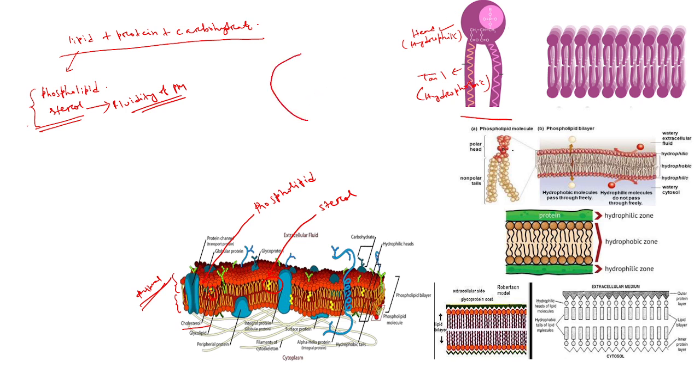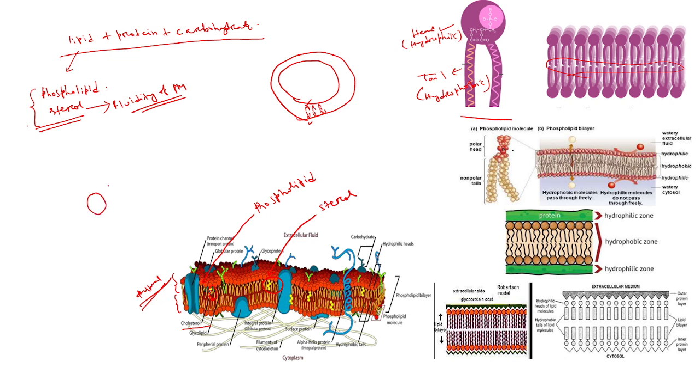Look at the structure. Let's say this is the cell and this is the membrane. So it looks like this. Here at the outer side the head part is present, and then in the middle the hydrophobic tail group is present. But why?